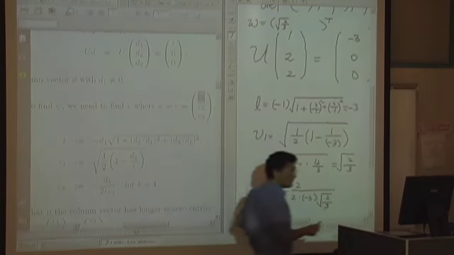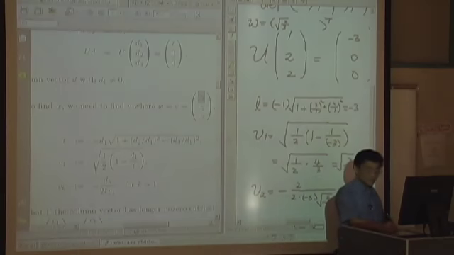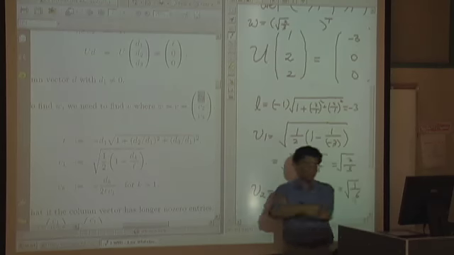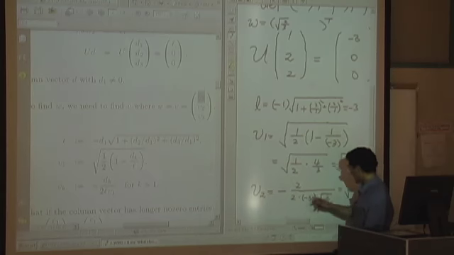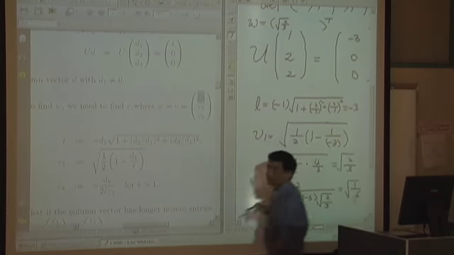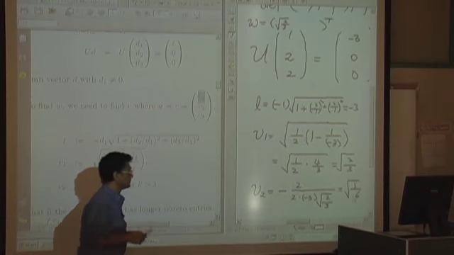Then if we simplify, then it equals 2 and 2 are cancelled out. 3 and 3 are cancelled. 3 is remaining. Minus square root of 1 over square root of 6.